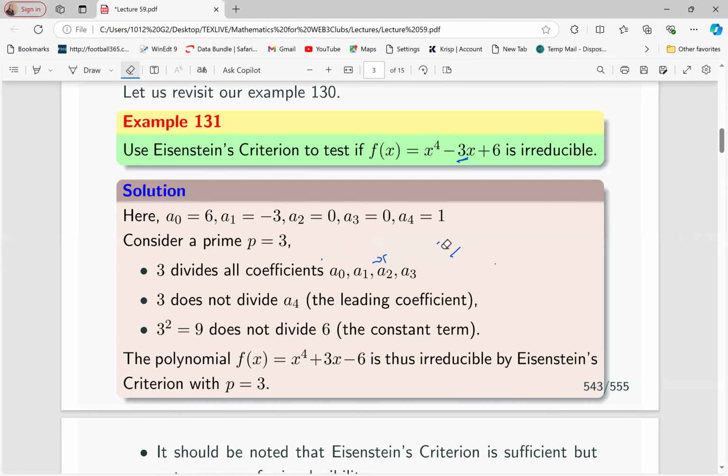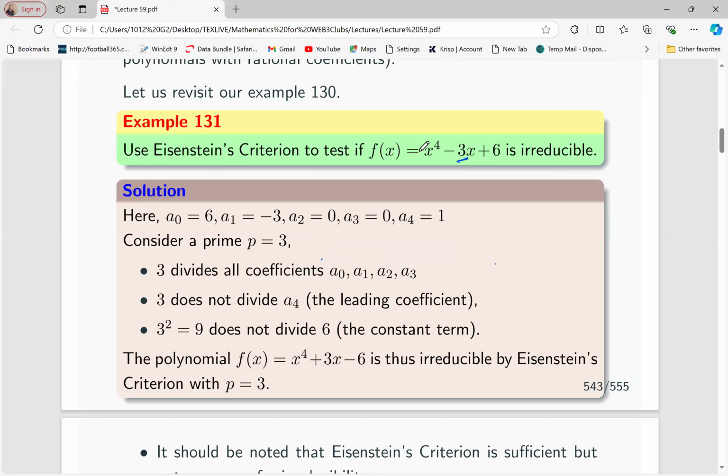Okay, so let's continue. What I was explaining was that we're still looking at Eisenstein's criterion, and there are two possibilities: we can find a prime number, or we may not find that prime number. If the prime number exists, we've said that by this criterion, the polynomial is irreducible. You cannot factorize it.